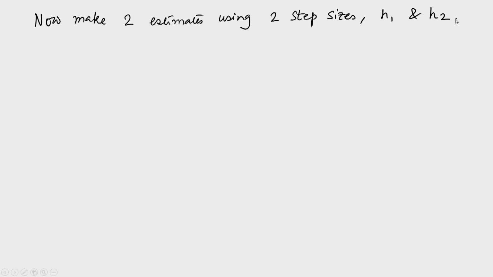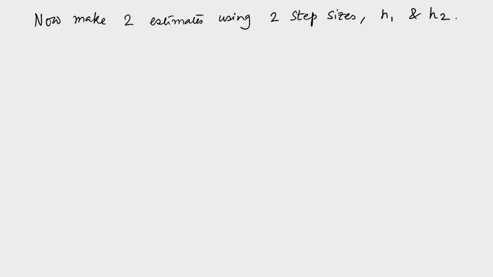So, if that is true, then let us make two estimates using two step sizes, namely h1 and h2. So, we will make two estimates of the same formula for two different step sizes h1 and h2.